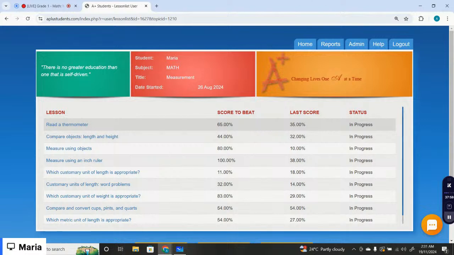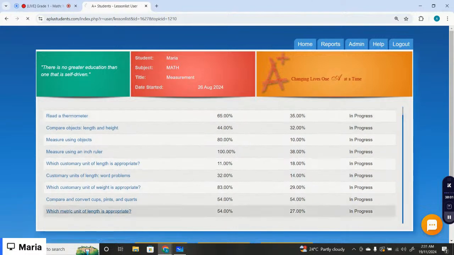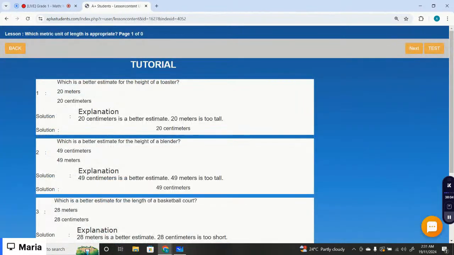The next lesson is which metric unit of length is appropriate? Let's just start with the lesson. Which is a better estimate for the height of a toaster? 20 meters or 20 centimeters?